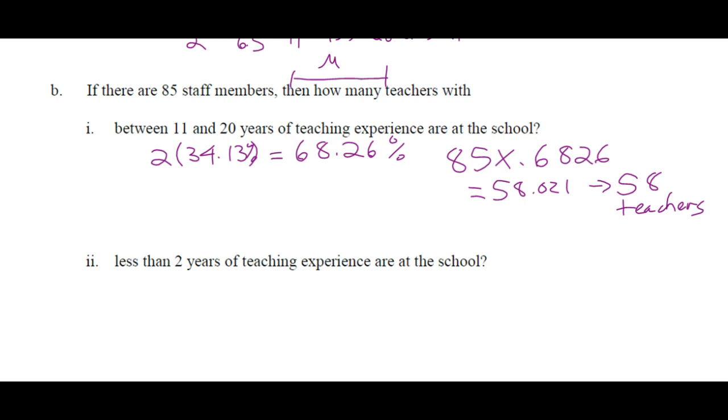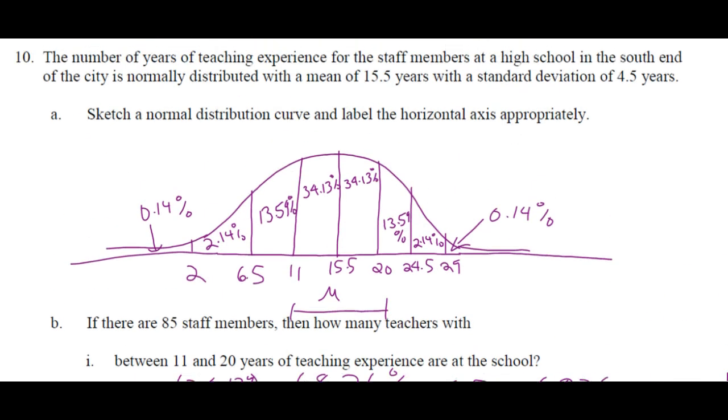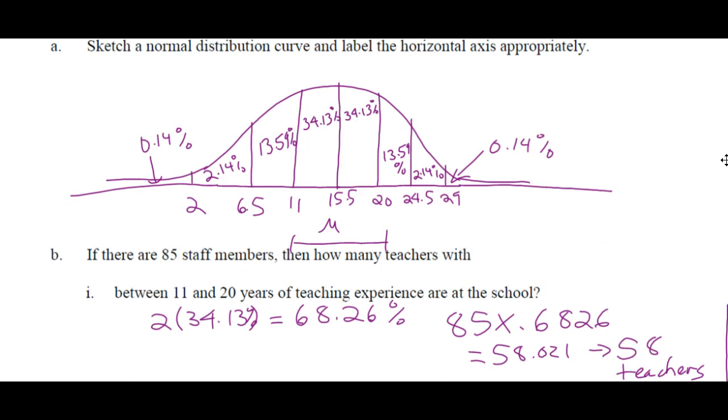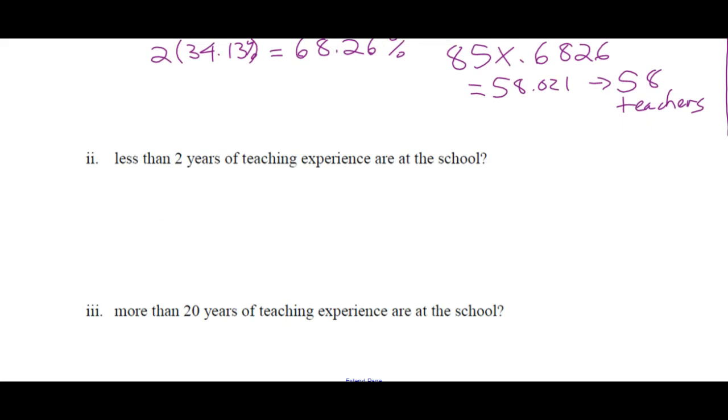How many teachers have less than 2 years of teaching experience? So where is less than 2 years on here? There's 2 years. Less than 2 years is this one, 0.14%. So that's 85 times 0.0014. You have to convert this from a percentage to a decimal, which means you divide by 100.